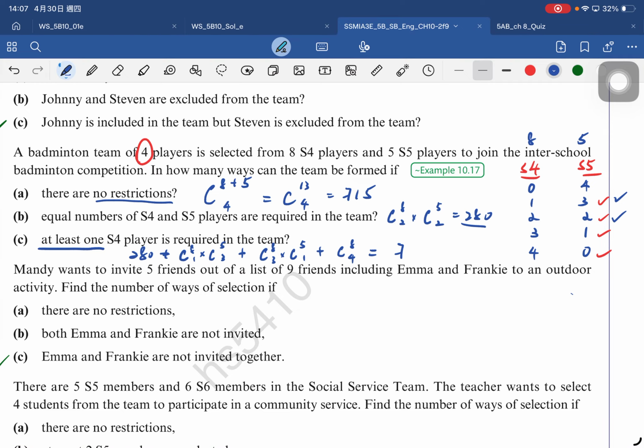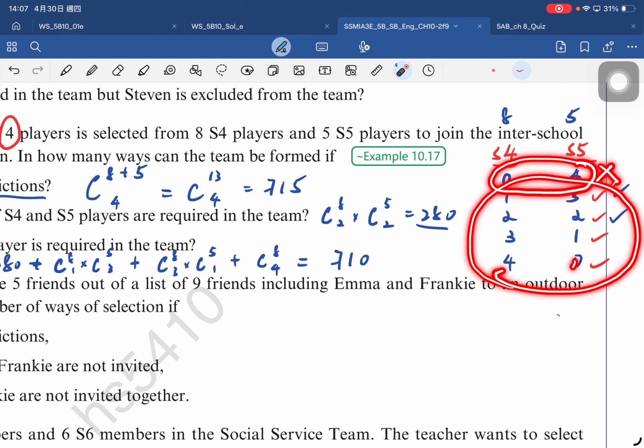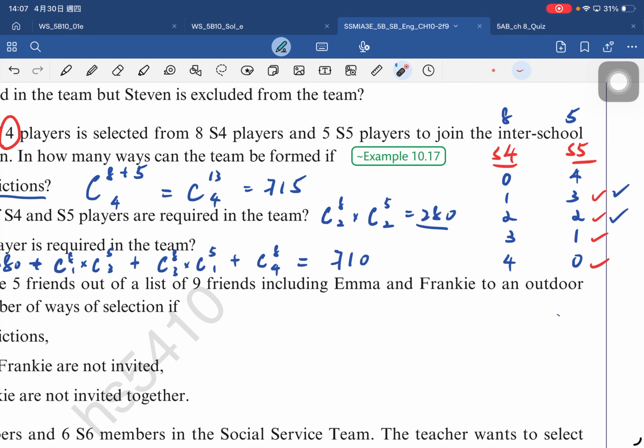But do you have any faster way to find the answer for this question? If there is no restriction, there are 715 teams that can be formed in total. Now think about the case we will not consider, so the rest of the teams should be this. The excluded case is all S5, that means 5C4.